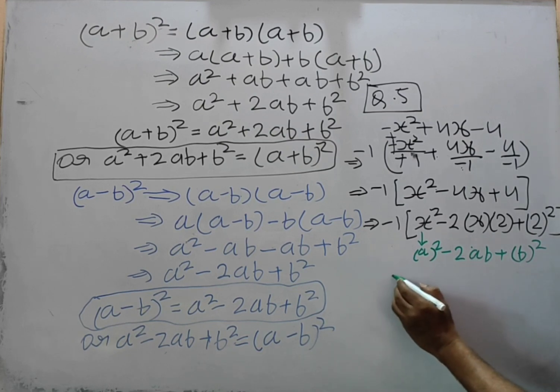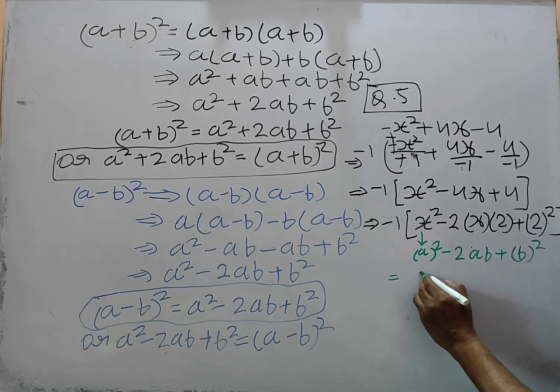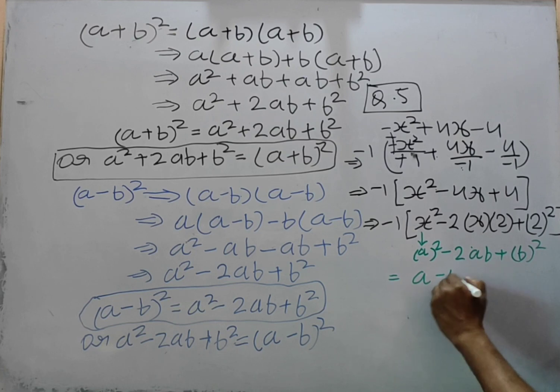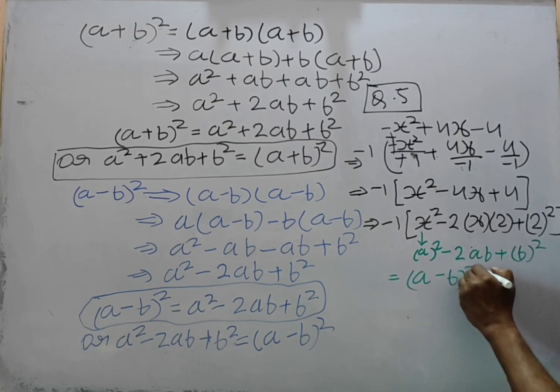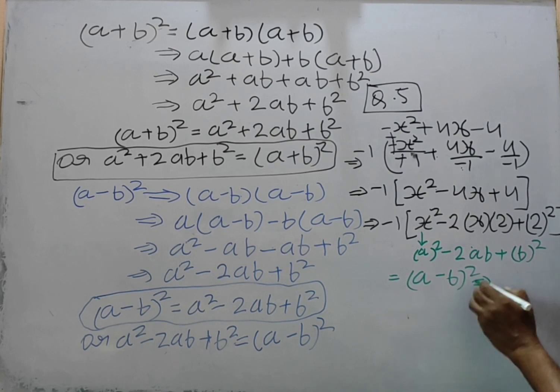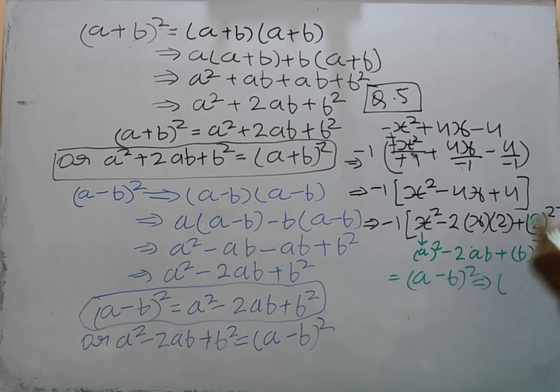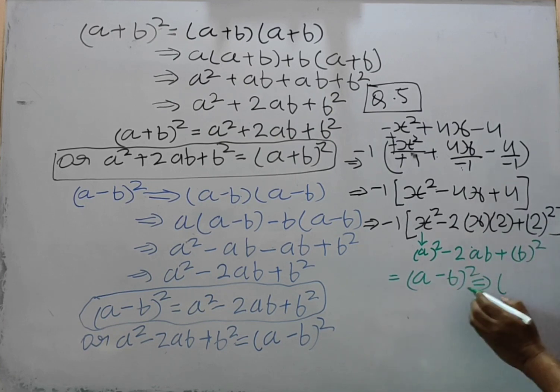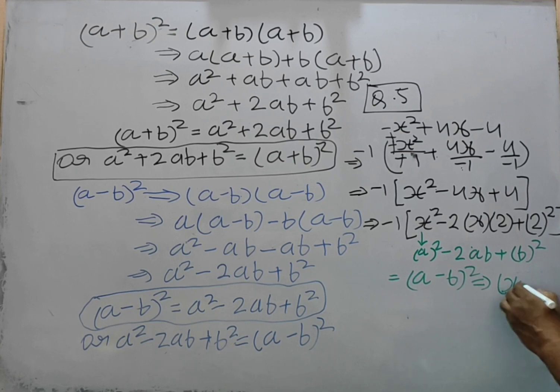Now we have the identity for this, which is a minus b whole square. So you will get it in the format x, because a is x. So now it becomes x minus 2 whole square.